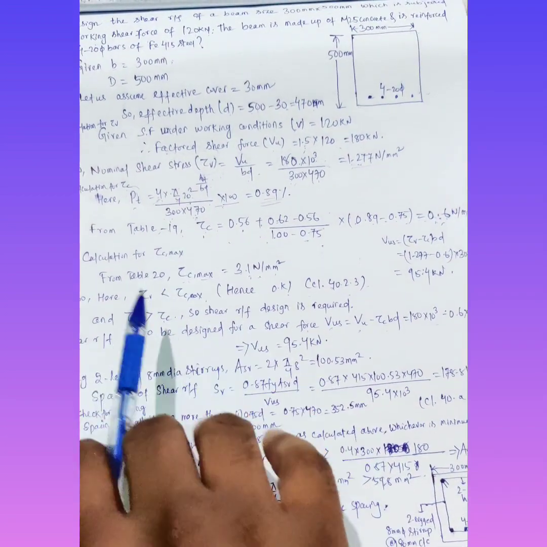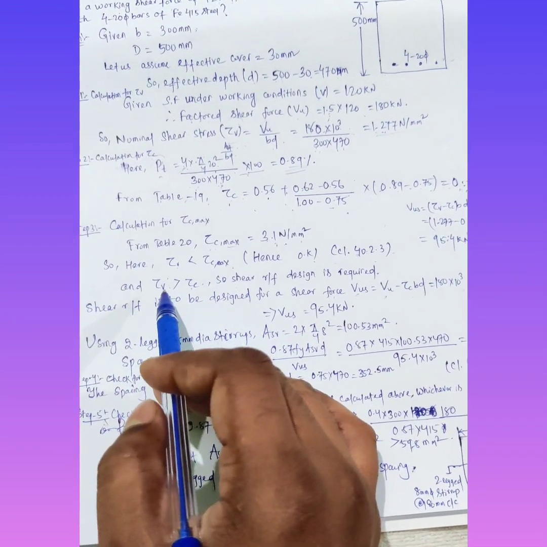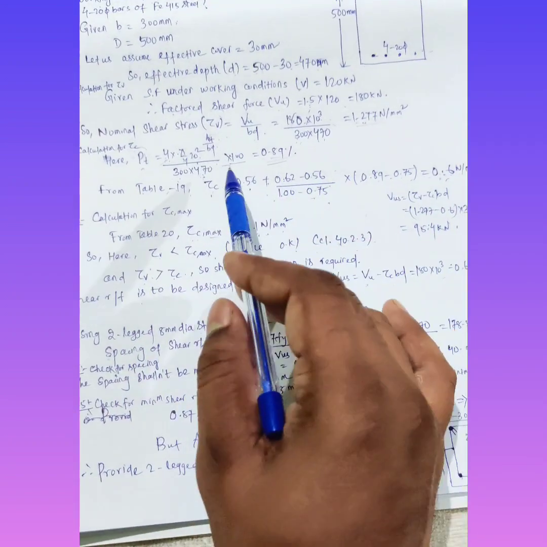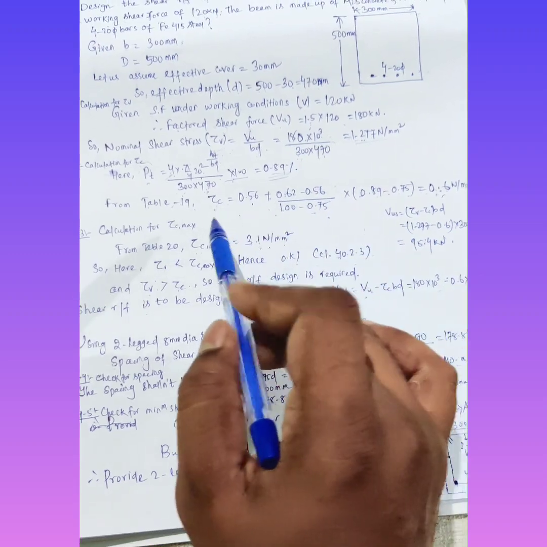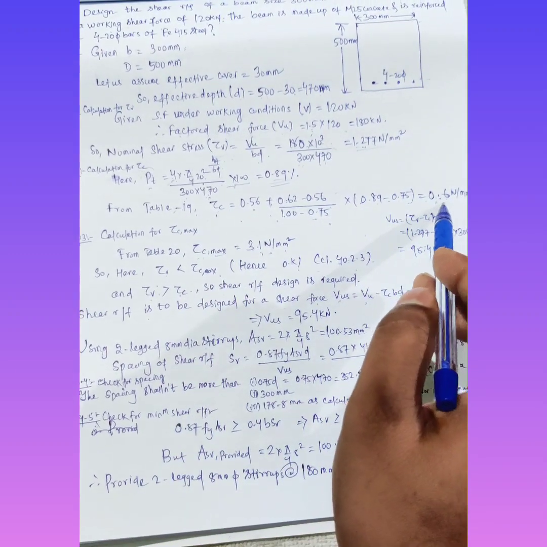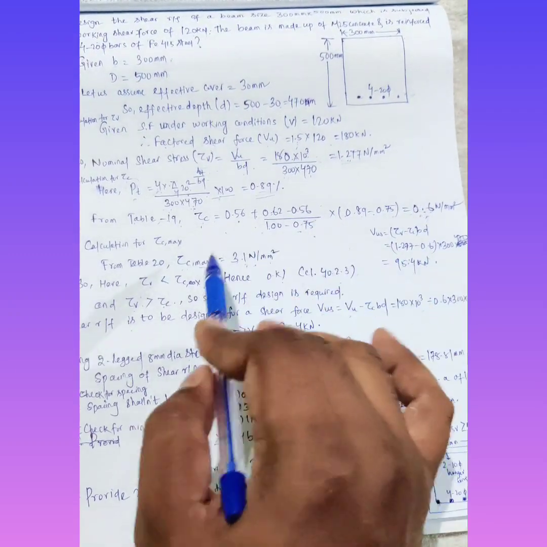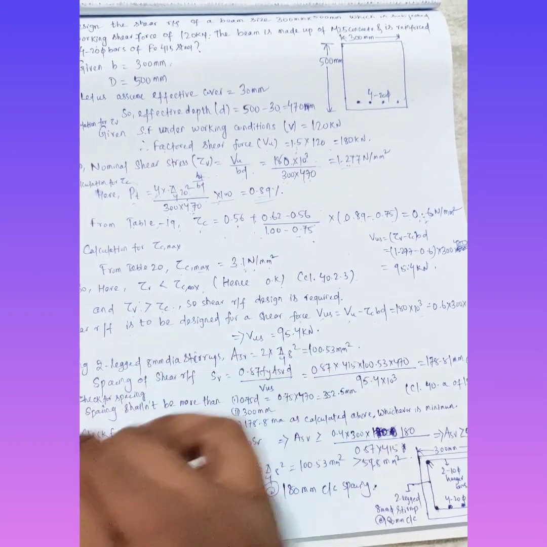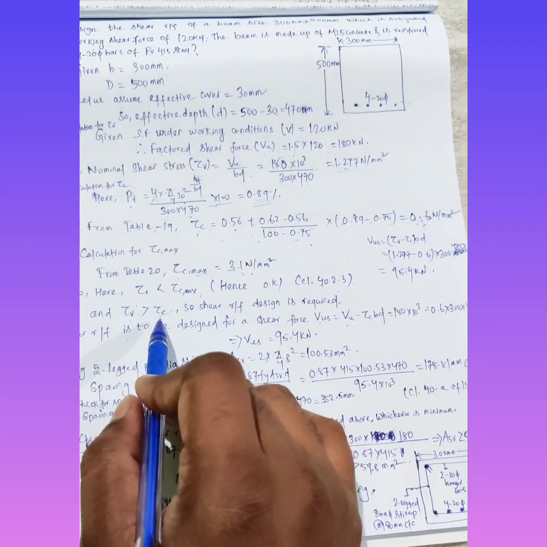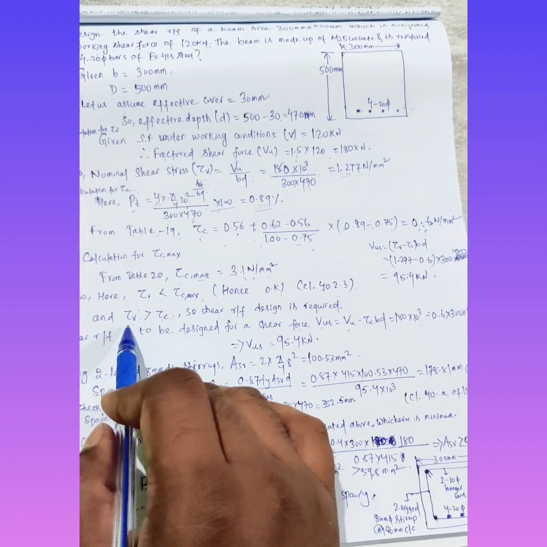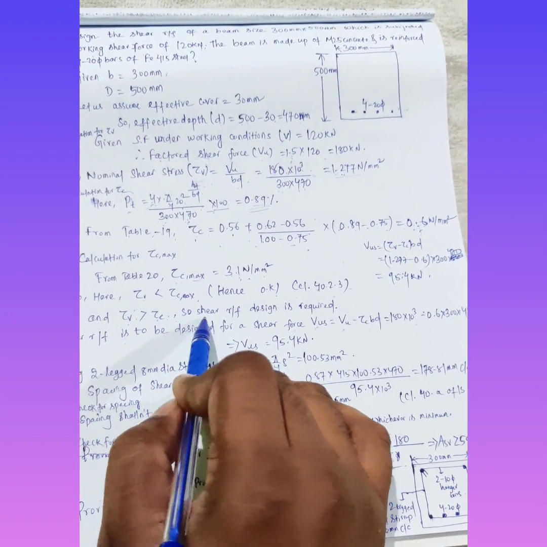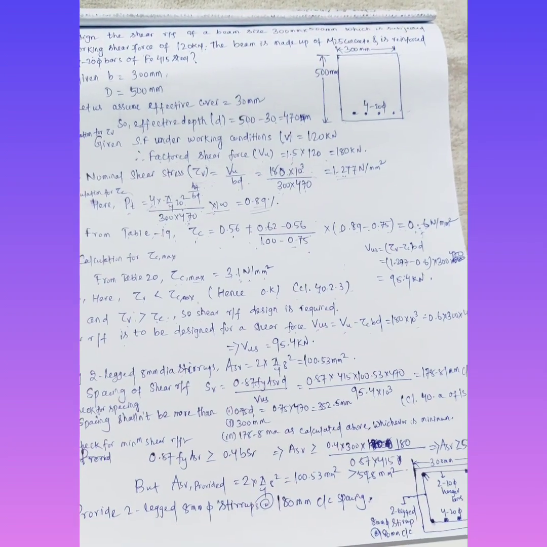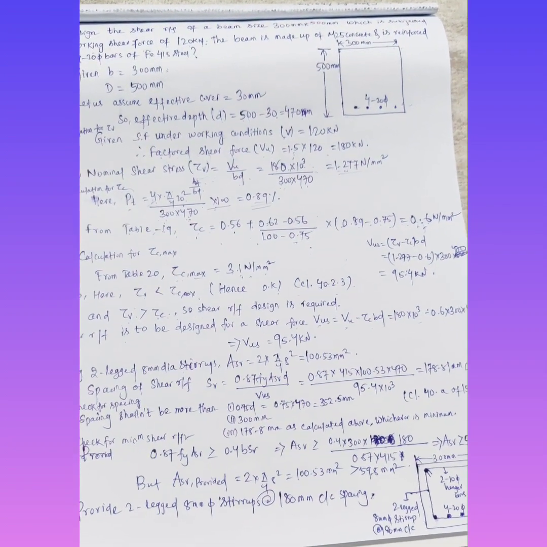40.2.3. Now we will check the relation between tau v and tau c. Tau v is coming as 1.277 Newton per mm square, but tau c is equal to 0.6 Newton per mm square. So tau v is greater than tau c, and as per IS 456, if tau v exceeds the value of tau c, then shear reinforcement design is required.